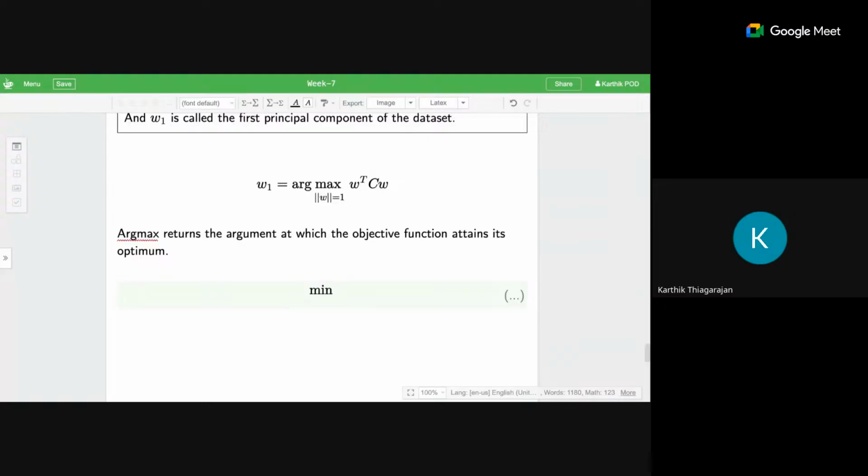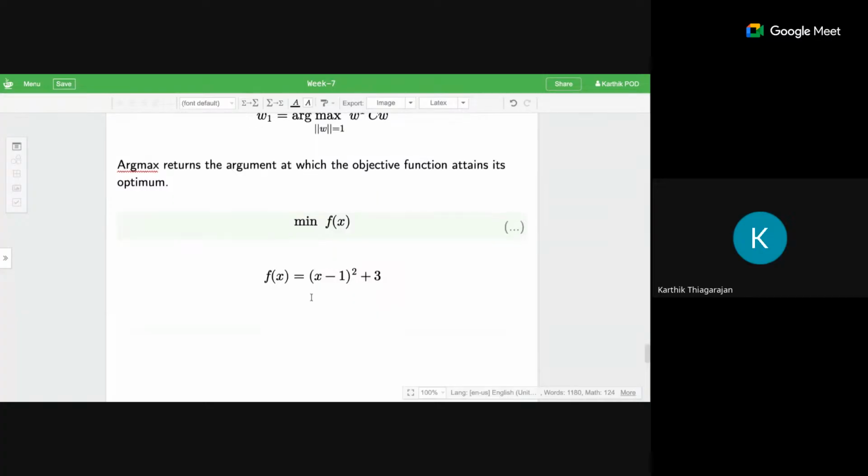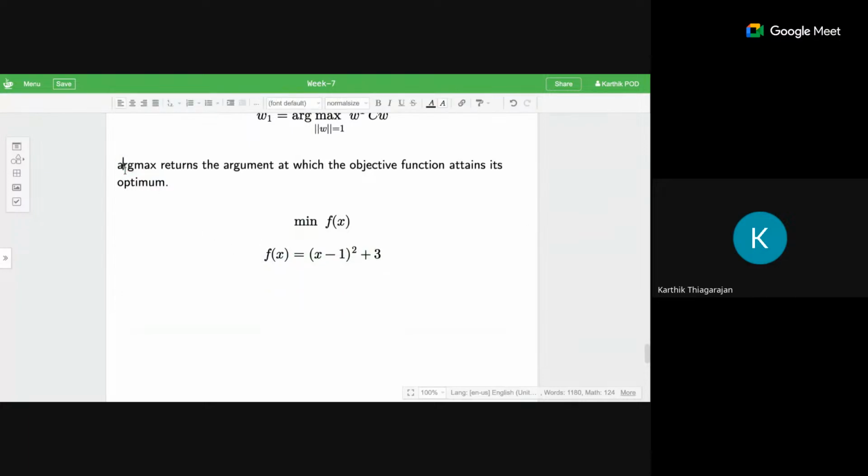Let's take minimize. You want to minimize f of x, where f of x is x minus 1 whole square plus 3. What is the value of f of x at the minimum? What do you think is the minimum value of this function? 3, right? So 3.